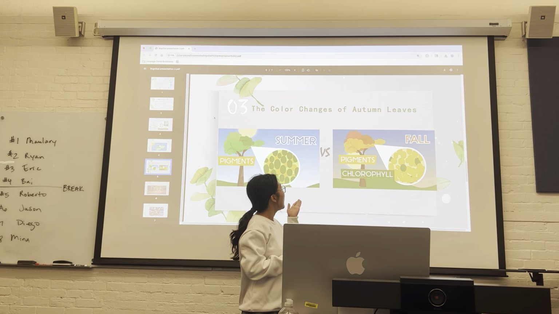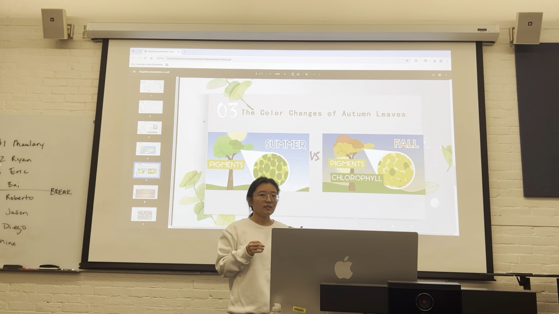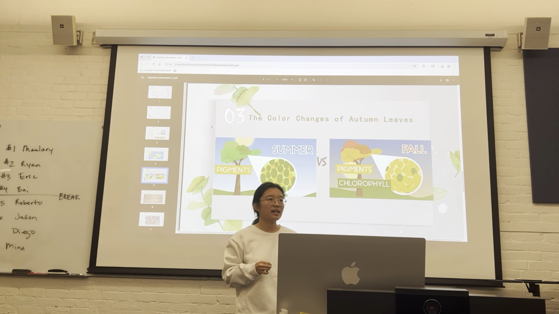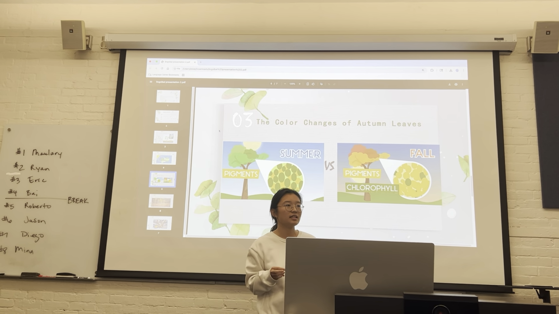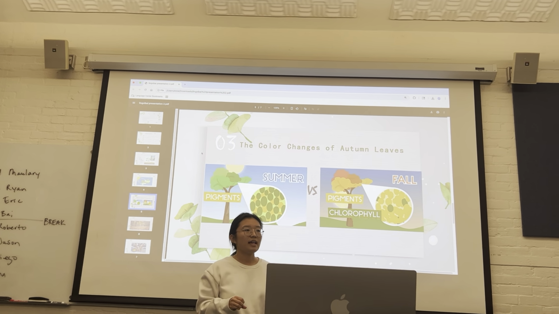And in the early autumn, in the early fall, as the weather is changing, the temperature is lower and the day is shorter.